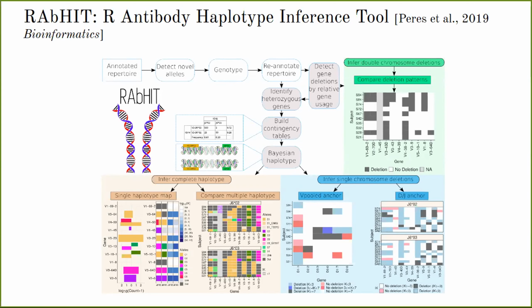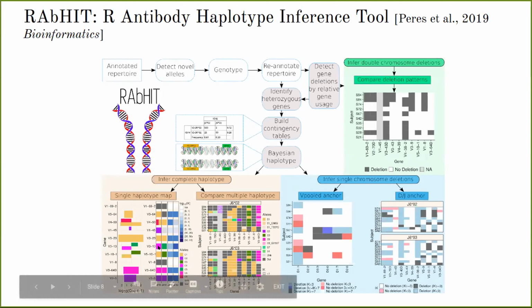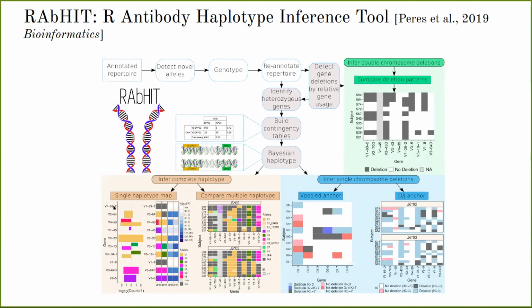And recreate the chromosomes. So what we see here on the left is a single haplotype map, where each row represents a gene, the color represents the different alleles, dark gray represents a deletion, and the blues represent our confidence level.